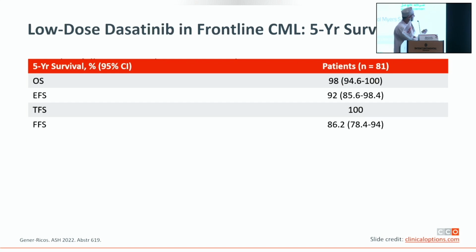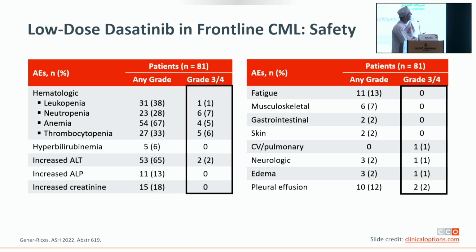Even when you look at the overall survival and the other clinically important endpoints, they were also very good, but these tend to be good in patients with CML. Now, looking at the toxicity, it was probably lower than what is reported in the 100 milligram studies. For the high grade toxicities, most were between 0.5, 1, and 2%, so they were generally low.